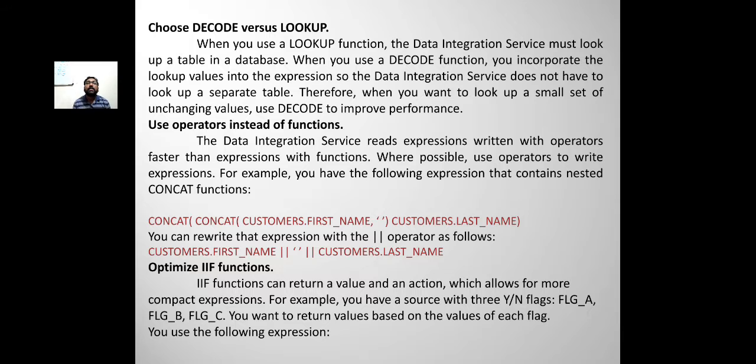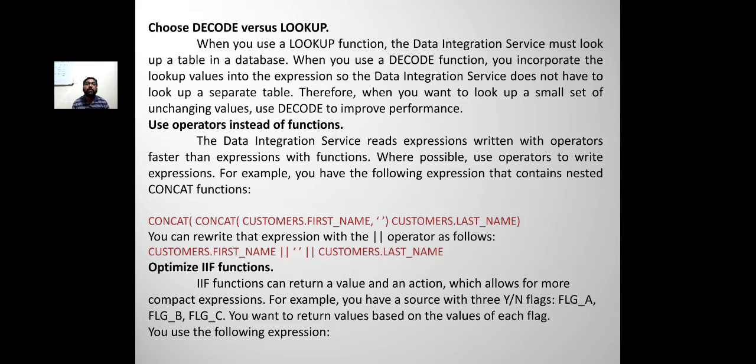Optimize IF functions. IF functions can return a value and an action, which allows for more complex expressions. For example, you have a source with Y and N flags, meaning yes and no: flag A, flag B and flag C. You want to return a value based on the values of each flag.